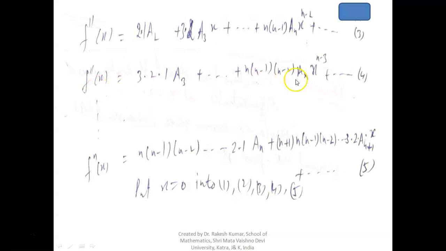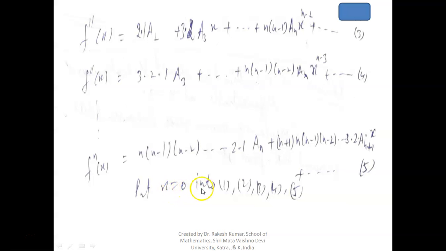Continuing in the same way, you can see that the nth derivative of f(x) is equal to n into n minus 1 into n minus 2 up to 2 and 1, then an, plus n plus 1 into n into n minus 1 up to 3, 2, 1, an plus 1 x and so on.